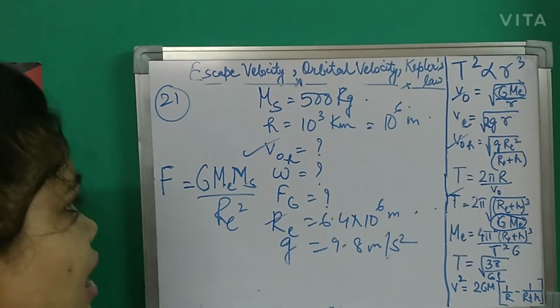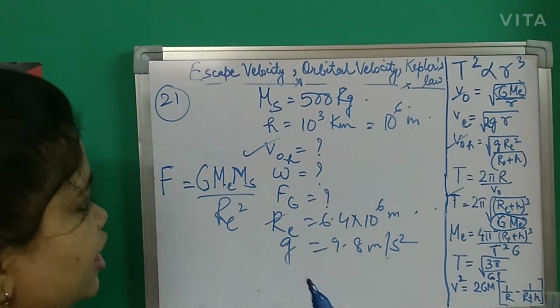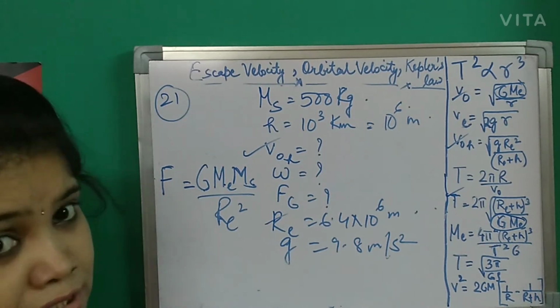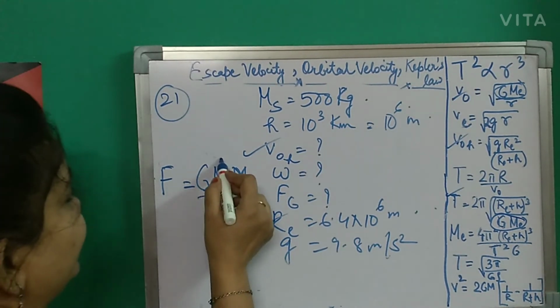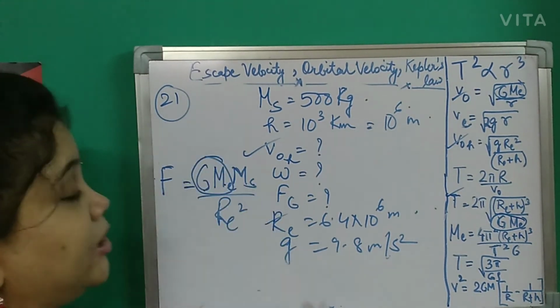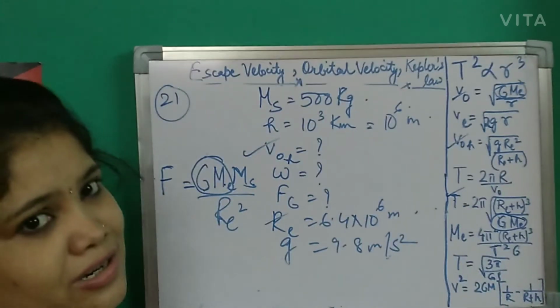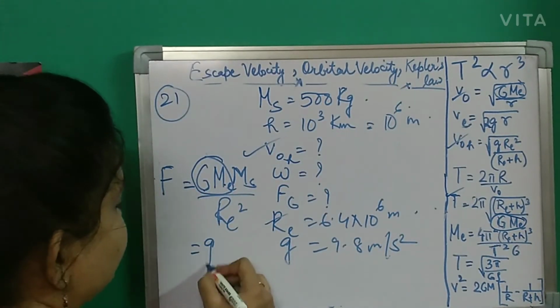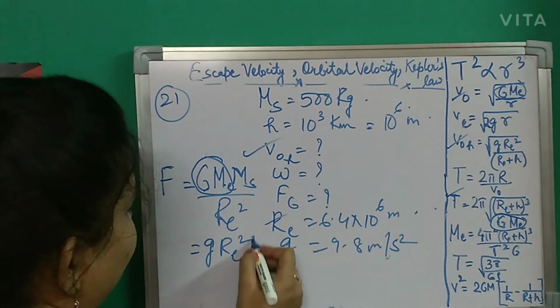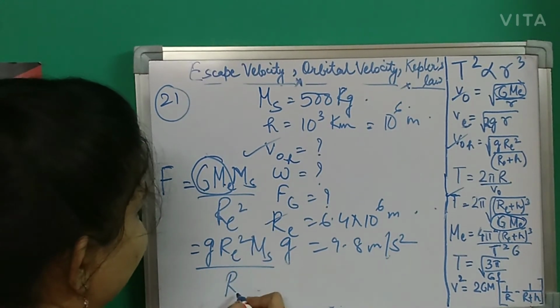Now you will tell me, ma'am, ME is not given, G is not given, how can we put the value? Remember, I have told you that G ME can be replaced by small g RE square, the acceleration due to gravity. So g RE square by MS by RE square.